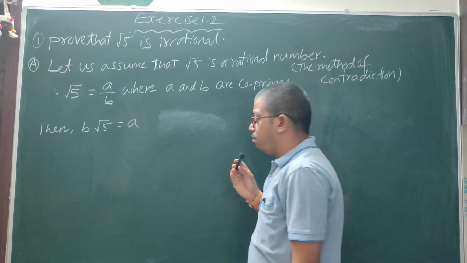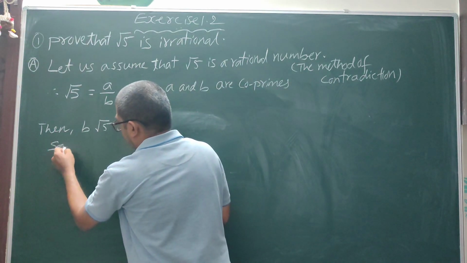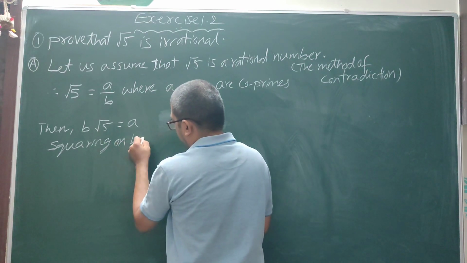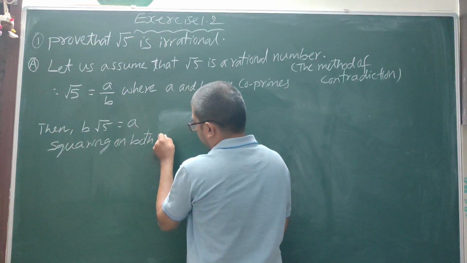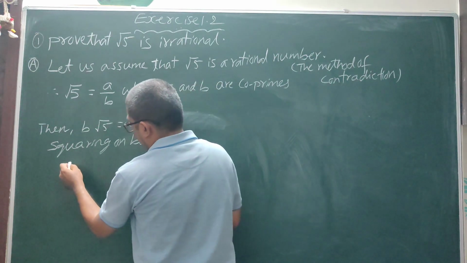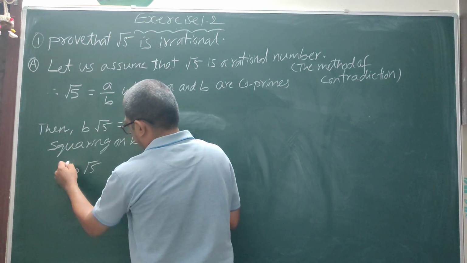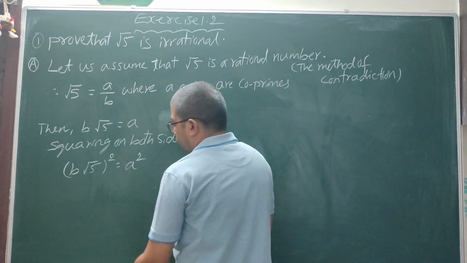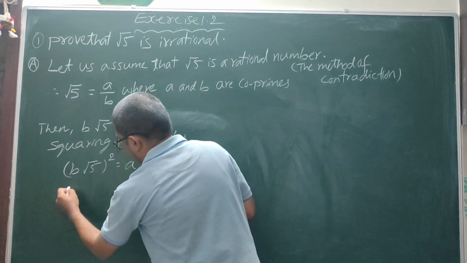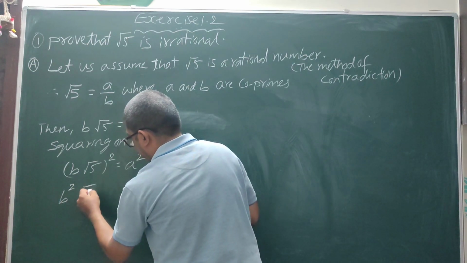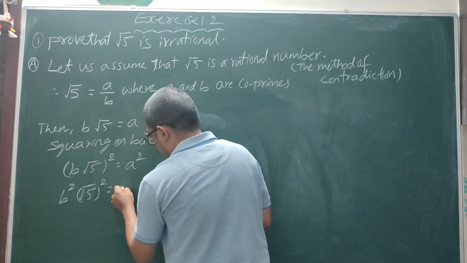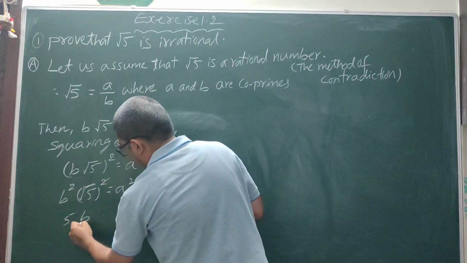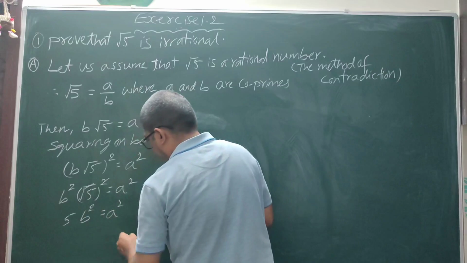Next, squaring on both sides. So here b square into root 5 whole square equal to a square. The square will get cancelled. We will get 5b square equal to a square.